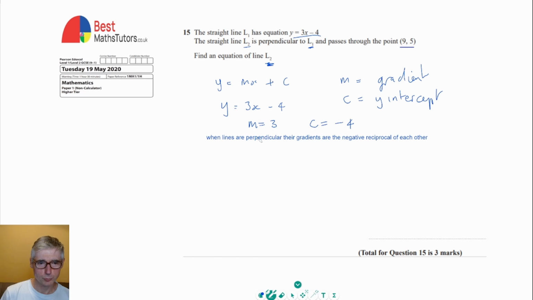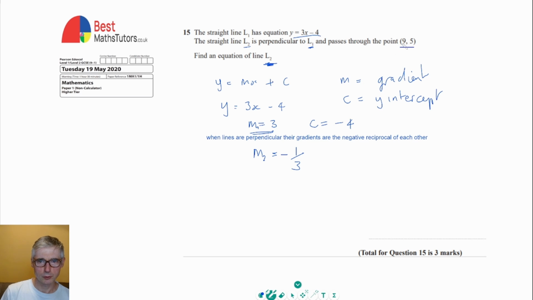If the first line has a gradient m equals 3, then the negative reciprocal is 1 over 3, made negative. I'll call the first gradient m1, so the gradient for the second line, m2, is equal to minus 1/3. All we've done is flip it over, putting the 3 on the bottom of a fraction, and swap the sign from positive to negative. So that's the gradient of our line L2.